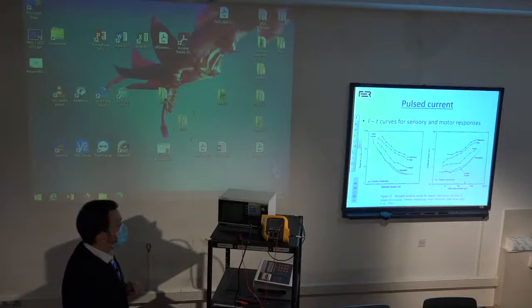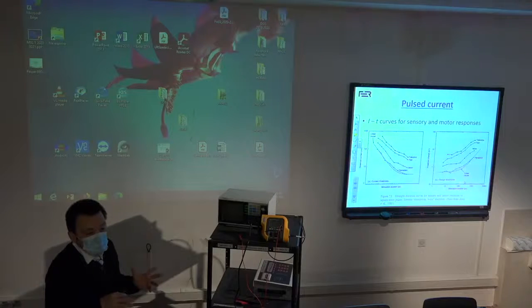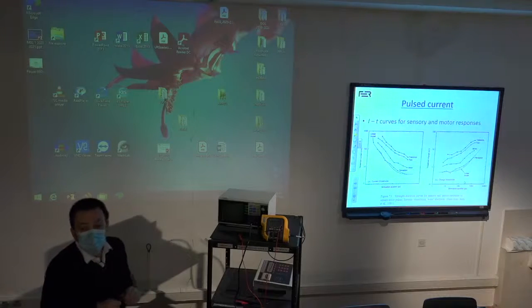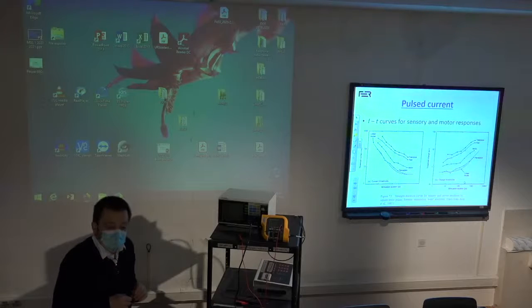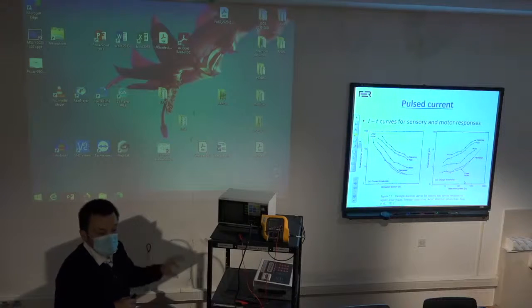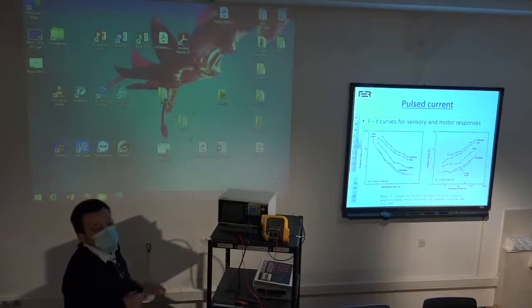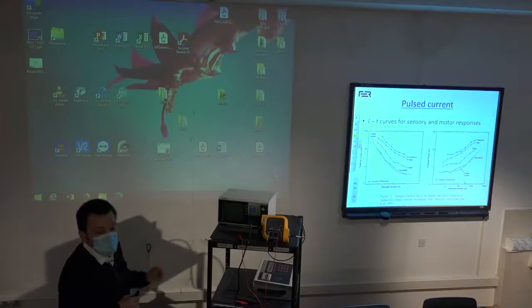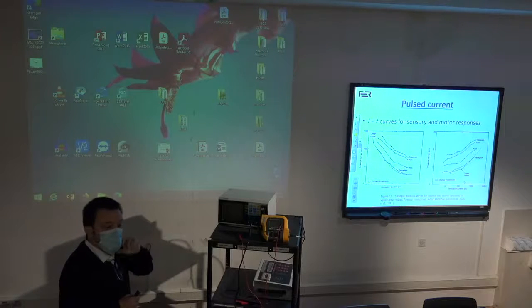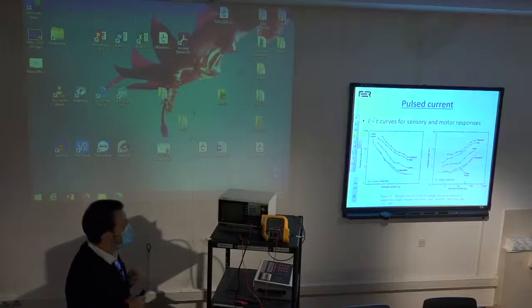So I will comment just on this graph here, which is showing different IT or strength duration curves that are experimentally obtained from one person. Of course, when they make this kind of experiments, they usually test several people.